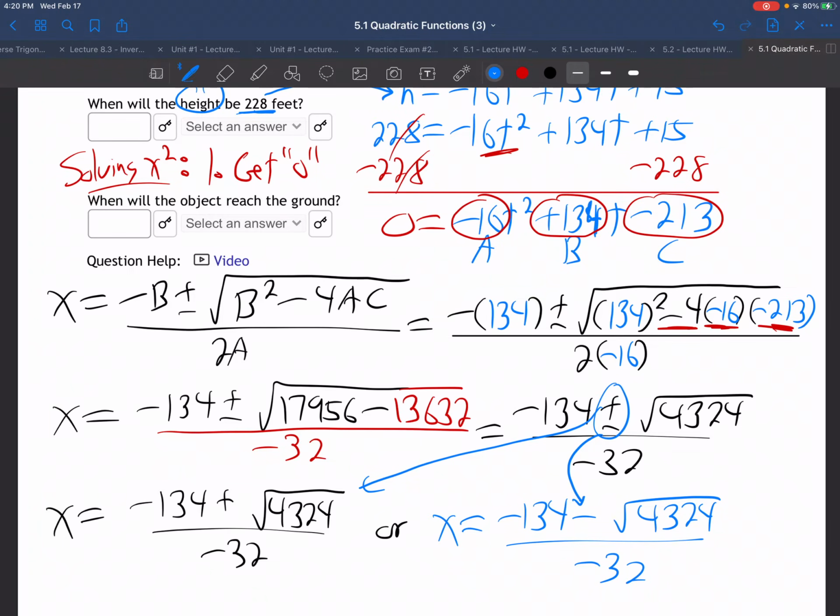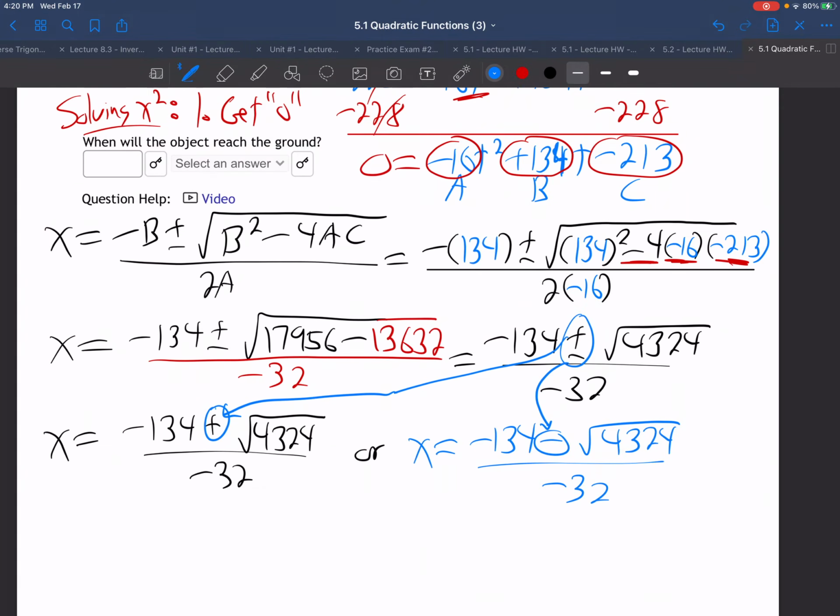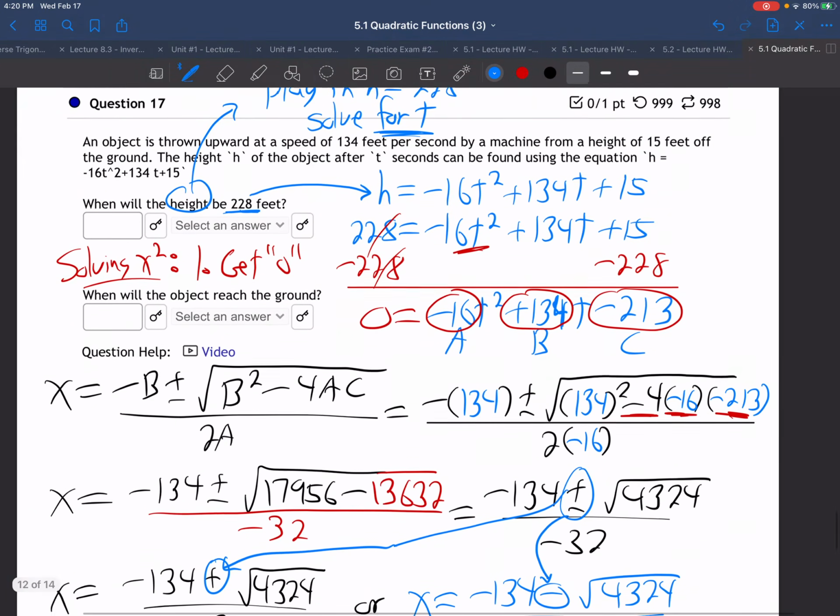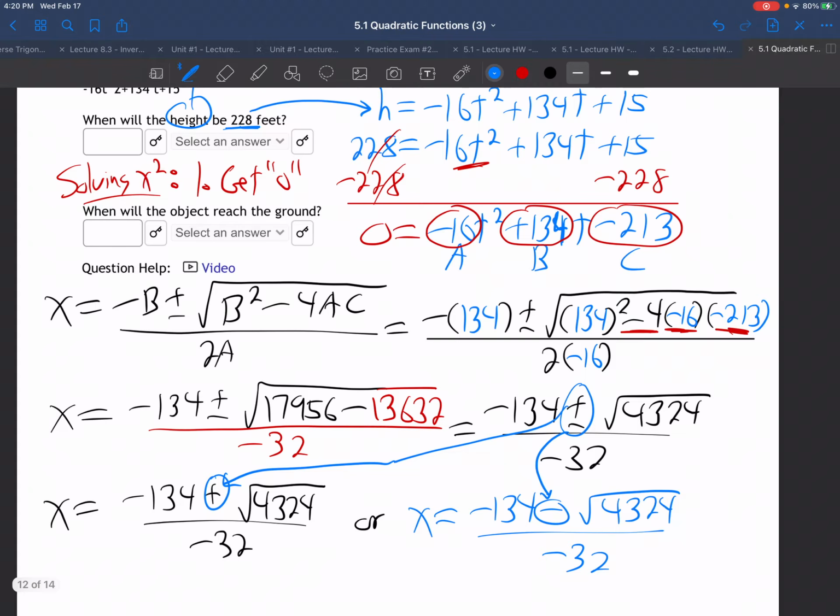There's the plus, the minus option. So we got those two options for answers. They want two answers on this problem. So let's keep it going. Let me see the format of the two answers they want. So they want two answers, and we'll round them both when we get them.